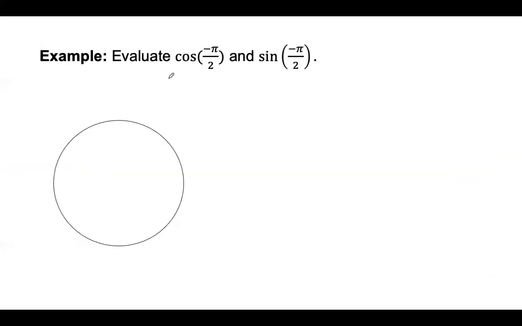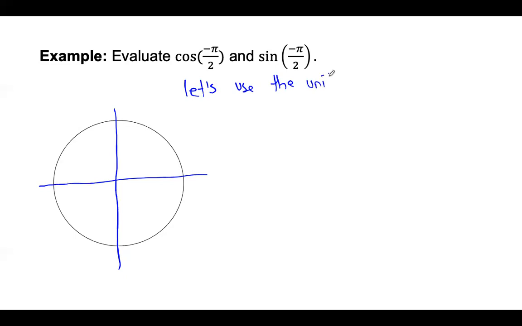So let's evaluate the cos and the sine of negative pi divided by 2. Let's draw these. Let's actually use the unit circle. This angle is negative pi divided by 2, so negative 90 degrees.